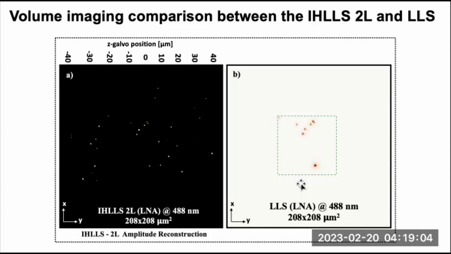In terms of axial resolution, we already showed in the Optics Express manuscript that the axial resolution of the ILS2L is higher than that of lattice light-sheet because the objects are localized with greater precision using diffraction.